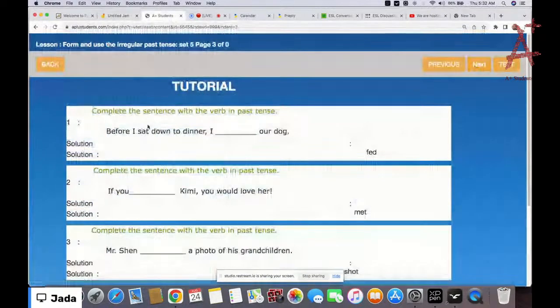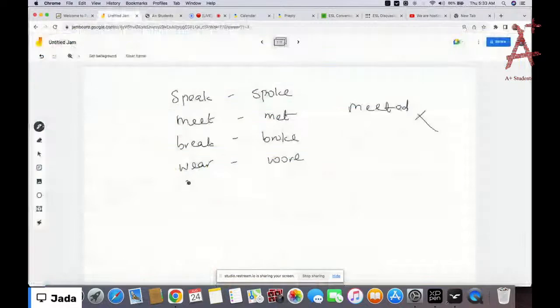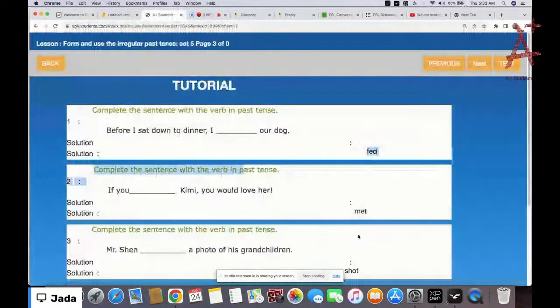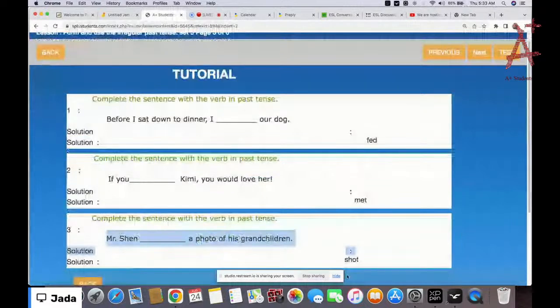So we have feed and fed. So feed, then fed. Then we have met. Okay, we have shot. Okay, shoot and shot. Okay, this one is shoot. Shoot is the present, and then shot. All right.